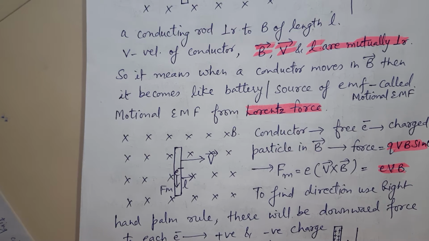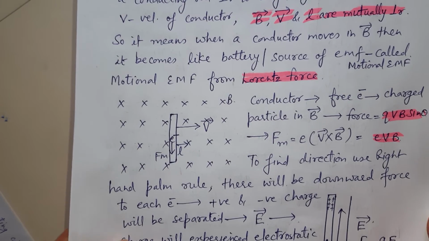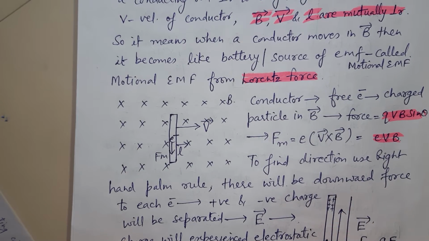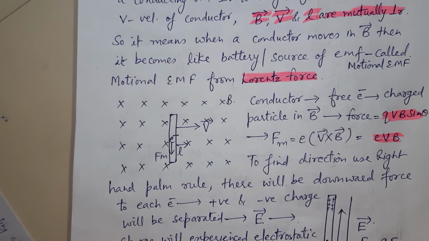Whenever negative and positive charges are separated, an electric field is produced, and these charges are separated by some distance. So there is some potential difference, or we can say EMF.